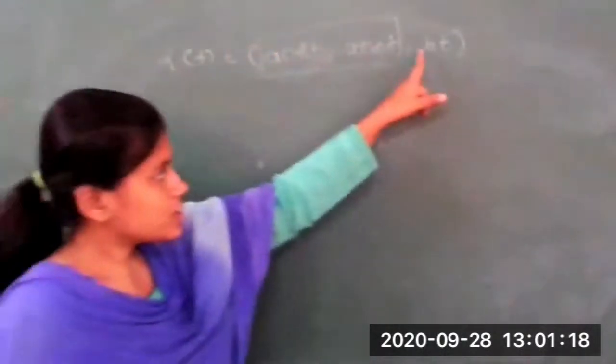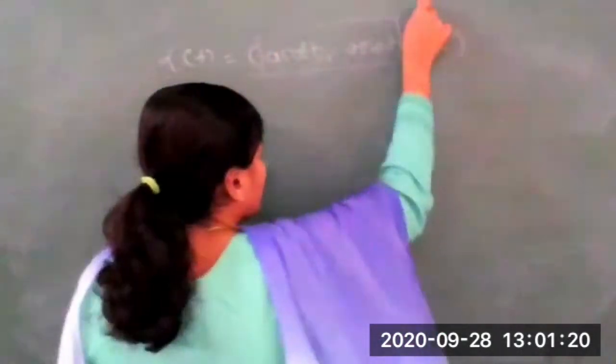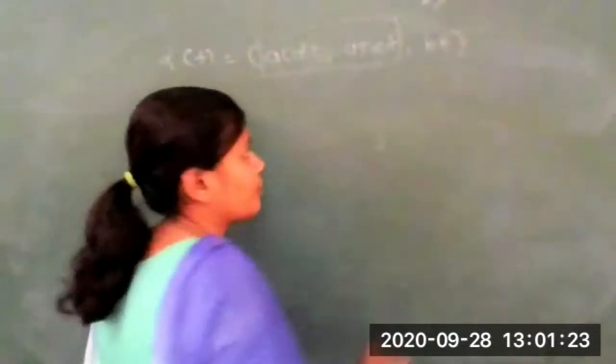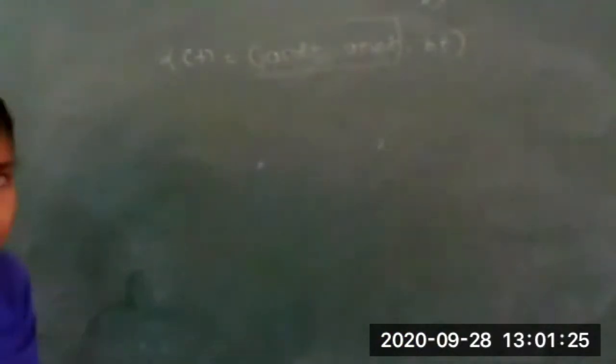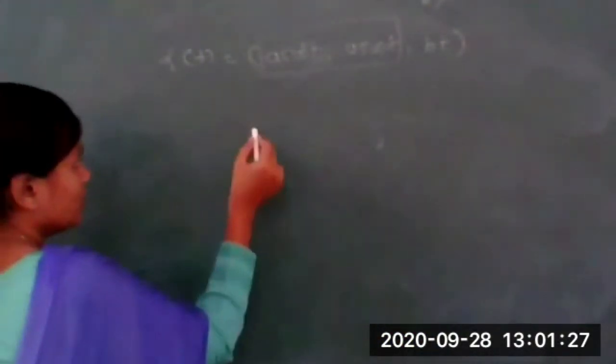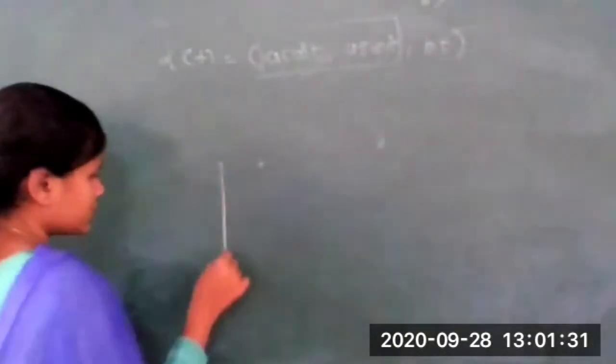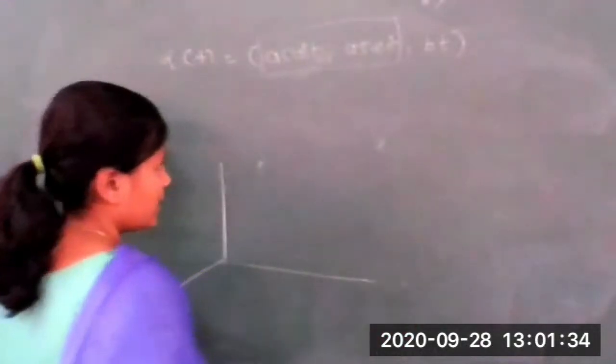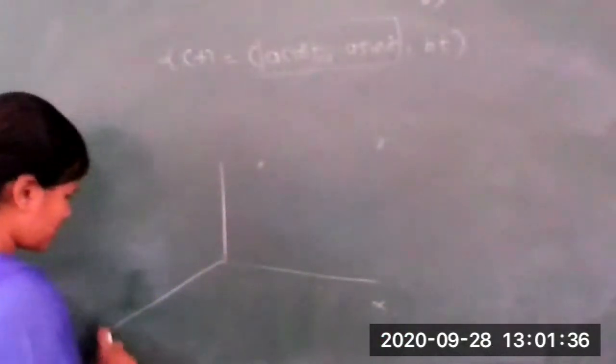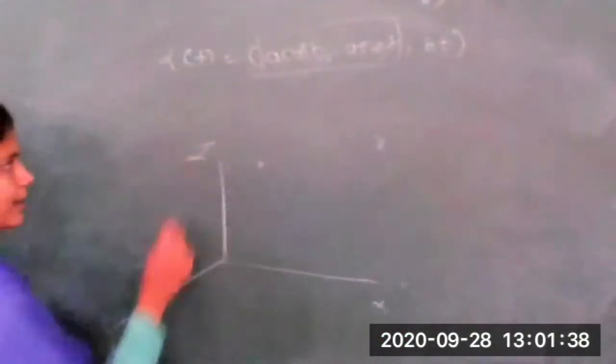Now, what is this b times t, with the condition b greater than 0? At that time, let us go with the first two coordinates. What is this equation of a circle in the xy plane? This is x, y, and z.